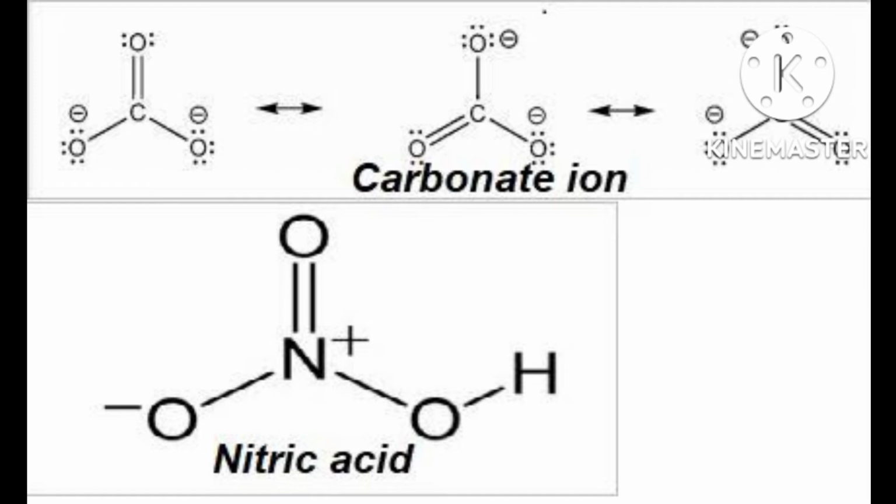The first exception is the incomplete octet of the central atom. Incomplete, because sometimes the central atom will not have 8 electrons; it will have less than 8 electrons. That's why it is called incomplete octet. It is not completed, but sometimes the molecule still exists.